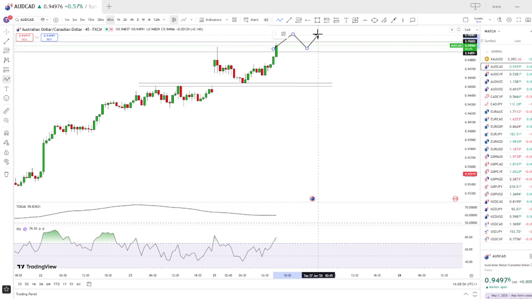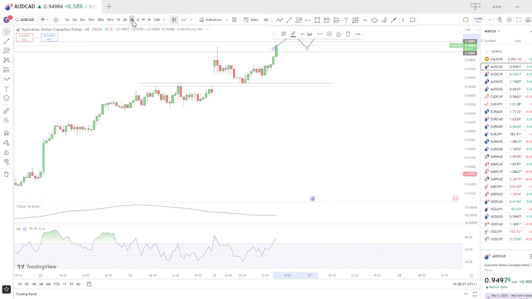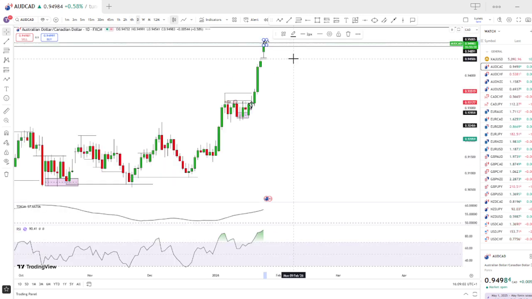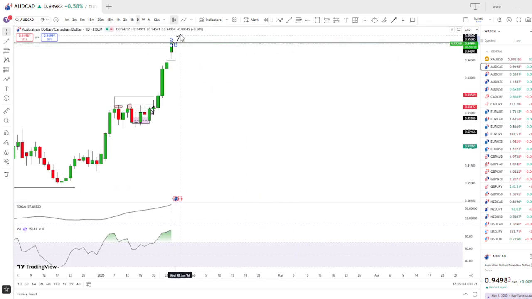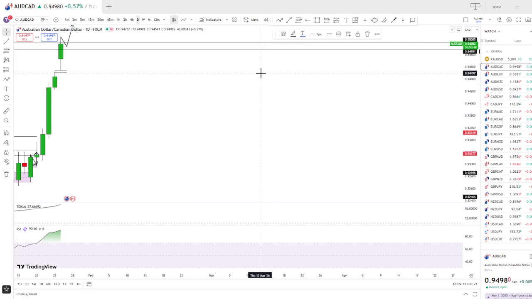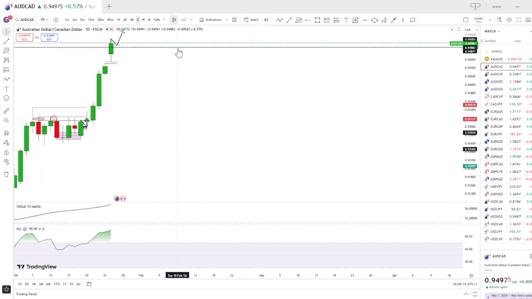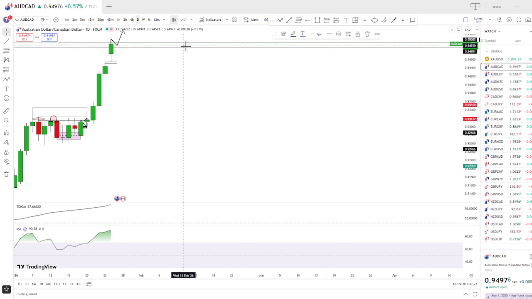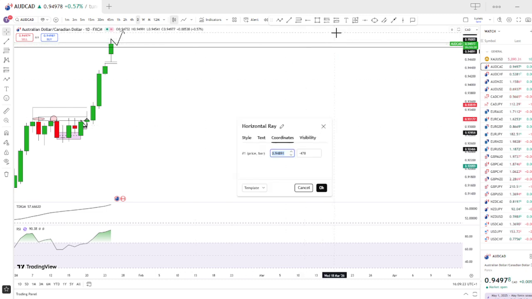Something like this is what I'll be watching out for, since we've already seen some level of rejection inside that range. Again, the coordinates for this one are between 0.95005 and the second end of that range, which would be 0.94891.